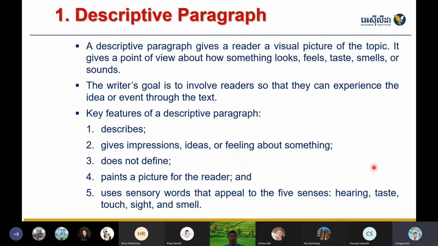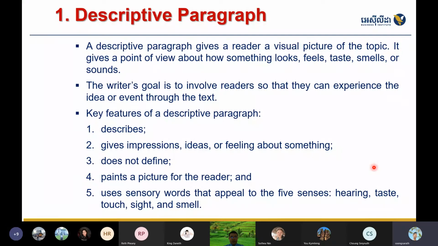This is a descriptive paragraph. A descriptive paragraph gives a reader a visual picture of the topic. It gives a point of view about how something looks, feels, touches, smells, and sounds. The writer's goal is to involve readers so that they can understand the idea or event through the text.